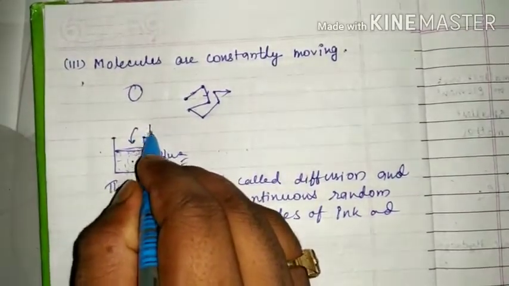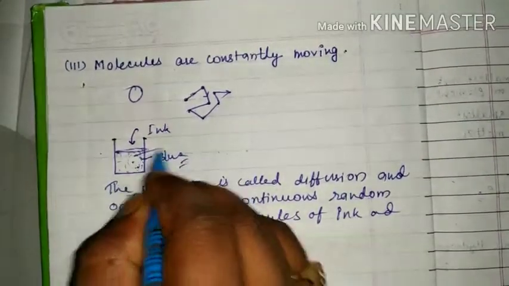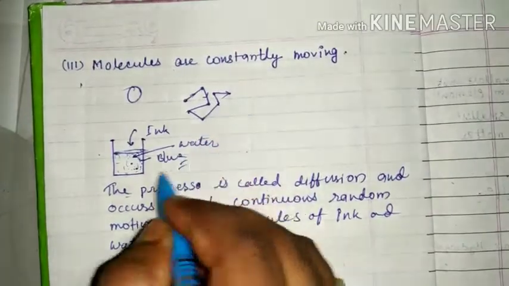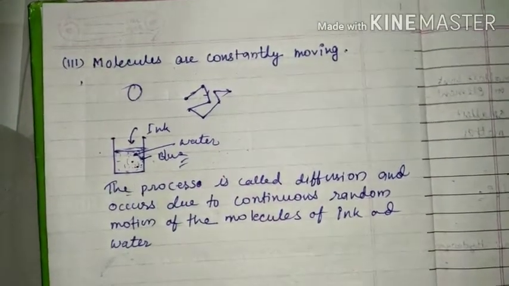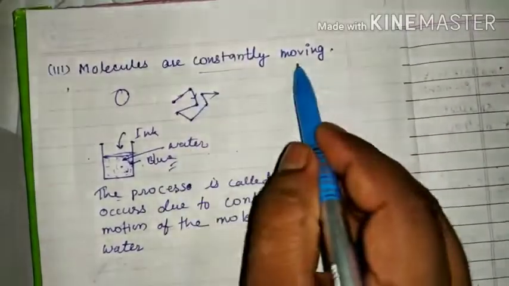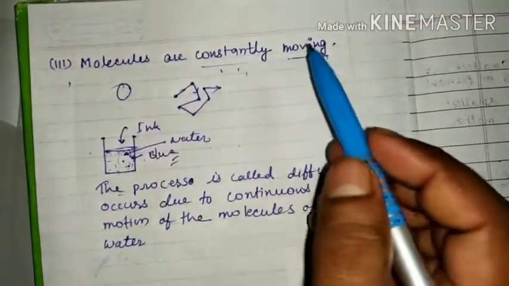Suppose this is ink and this is the water. So finally, molecules are moving constantly.